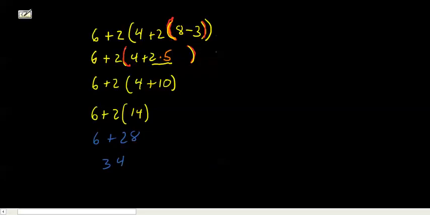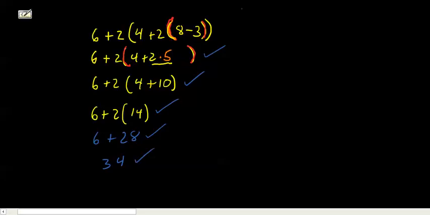Every step along the way, I subtracted 8 minus 3, wrote the result. 2 times 5, wrote the result with the entire problem. 4 plus 10, rewrote the entire problem. 2 times 14, rewrote the entire problem. And I ended up with 34.